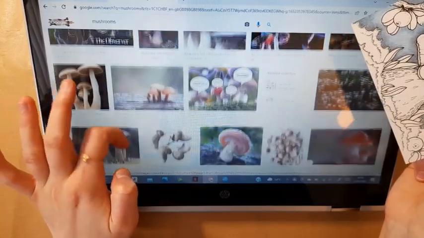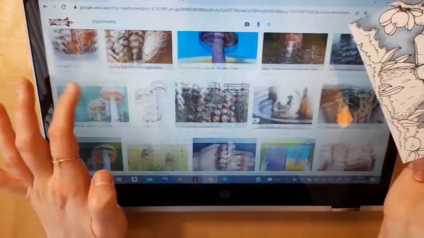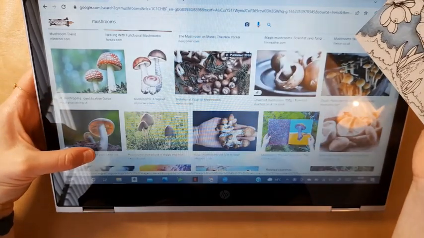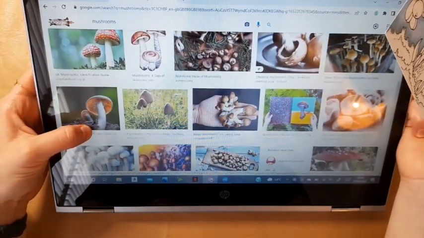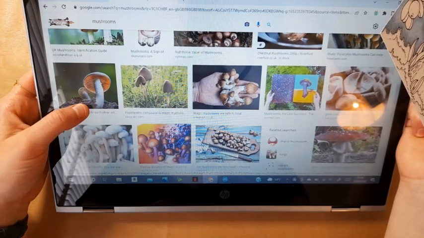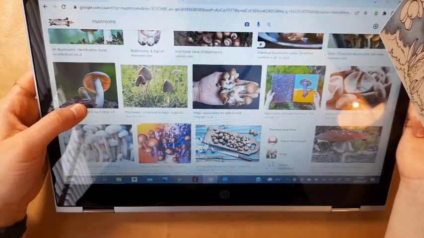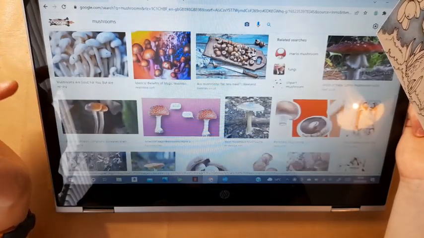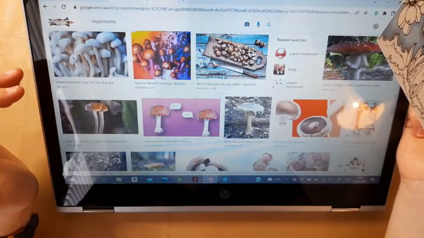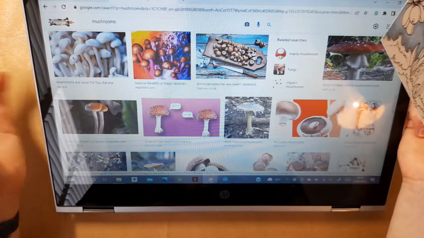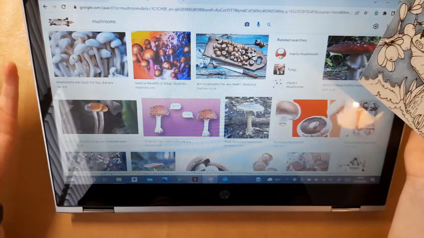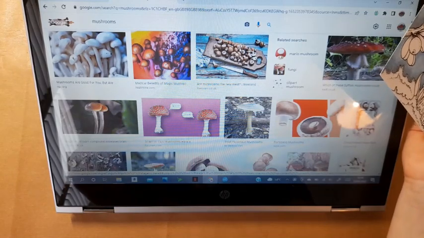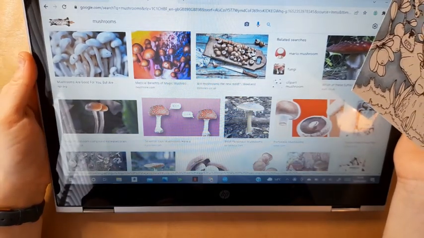So I have just searched up mushrooms, and it's really good to just use reference images and see what you can come up with. The other thing that I'm going to do is have a look through my books and see what pictures I find, and I will show them to you. But literally anything that you have, if you have anything in your house that's even a pattern or a photo, or just anything that can inspire you, I think that's a really good thing to use.